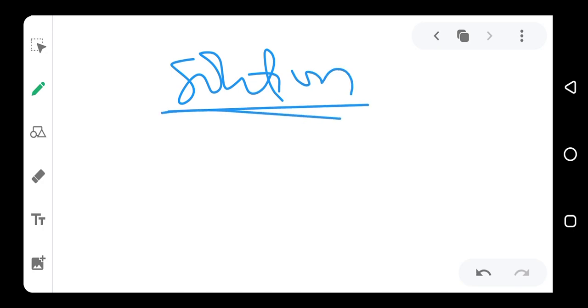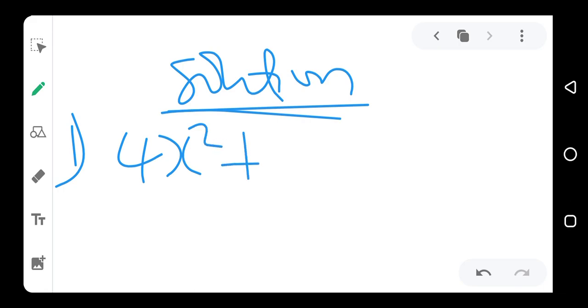Now what we do, in step 1, is compare the equation with the standard equation for quadratic equation. We have it as 4x squared plus x is equal to 3.